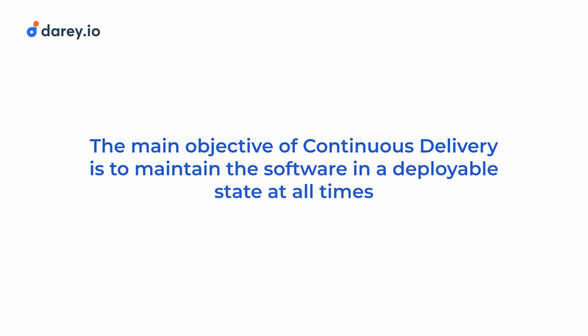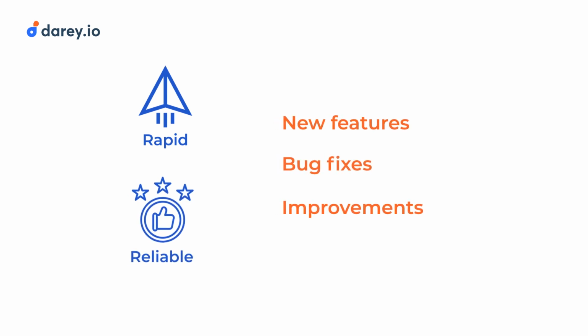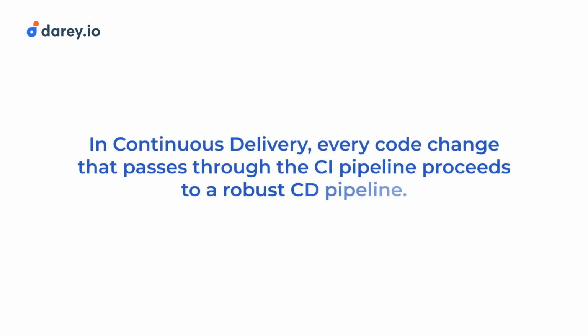The main objective of continuous delivery is to maintain the software in a deployable state at all times, facilitating rapid and reliable releases of new features, bug fixes, and improvements. In continuous delivery, every code change that passes through the CI pipeline proceeds to a robust CD pipeline.